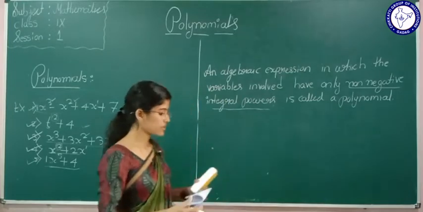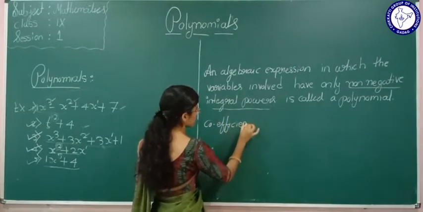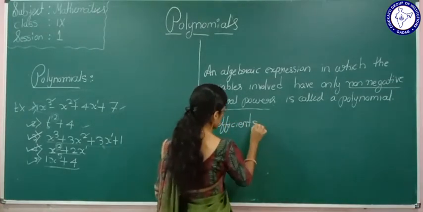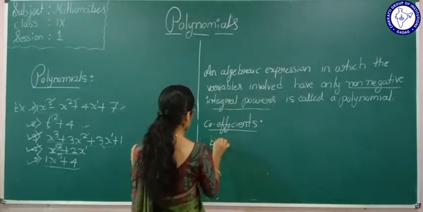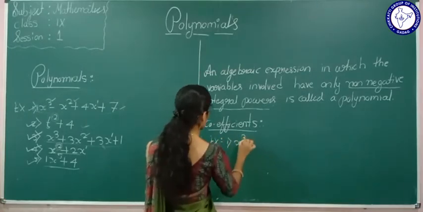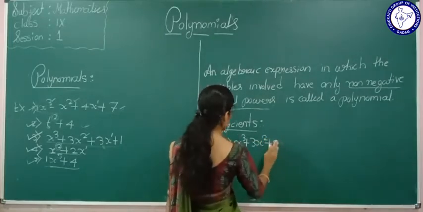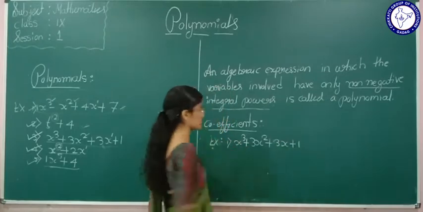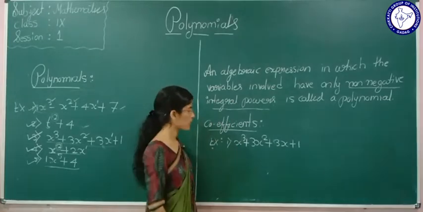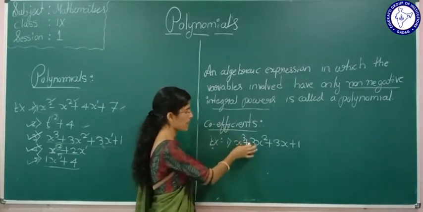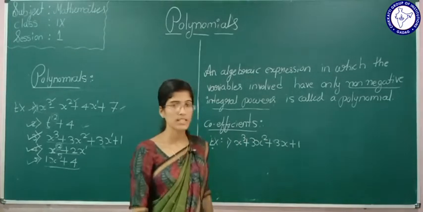Okay. Now the next concept is what is a coefficient. If I give an example, x cube plus 3x square plus 3x plus 1. This is a polynomial. I am asking you, what are the coefficients of x cube, x square and x in this polynomial?